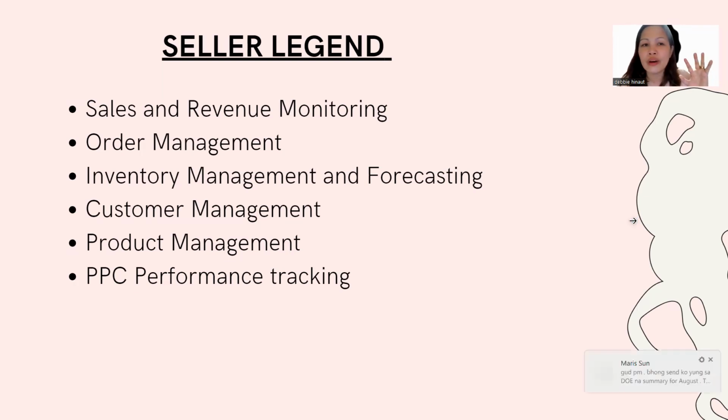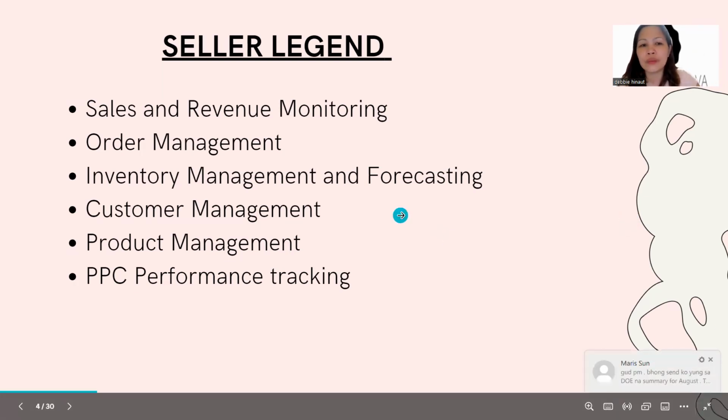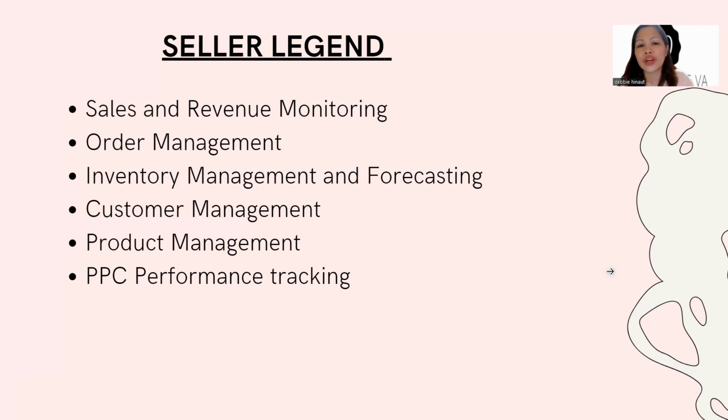So from our experience with seller legend, ang inventory management and forecasting, yung pagka ano mo ng lead time, frequency, ng ilang days na lang ba. So it's ganun din naman ang seller board, but then the seller legend itself sa inventory tracking, because they can, everything na gusto naming i-pull out, like I need 3 days sales, I need 3 days sales velocity, I need 7 days sales velocity.